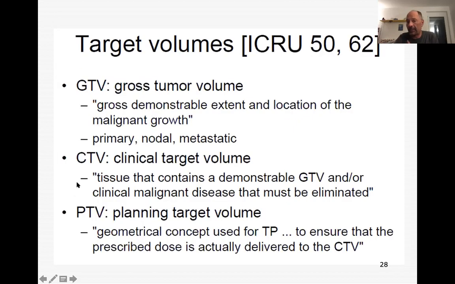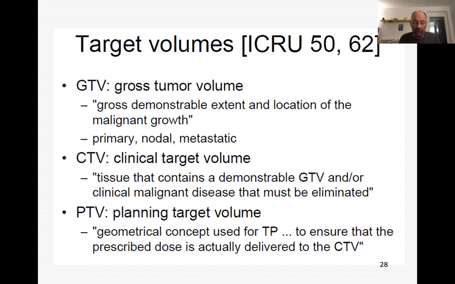The target volumes, as I was saying one minute ago, are defined by the International Commission on Radiation Units into different entities. The GTV is the gross tumor volume, which is essentially the tumoral mass. The CTV, the clinical target volume, is a tissue that contains a demonstrable GTV and/or clinical malignant disease that must be eliminated.